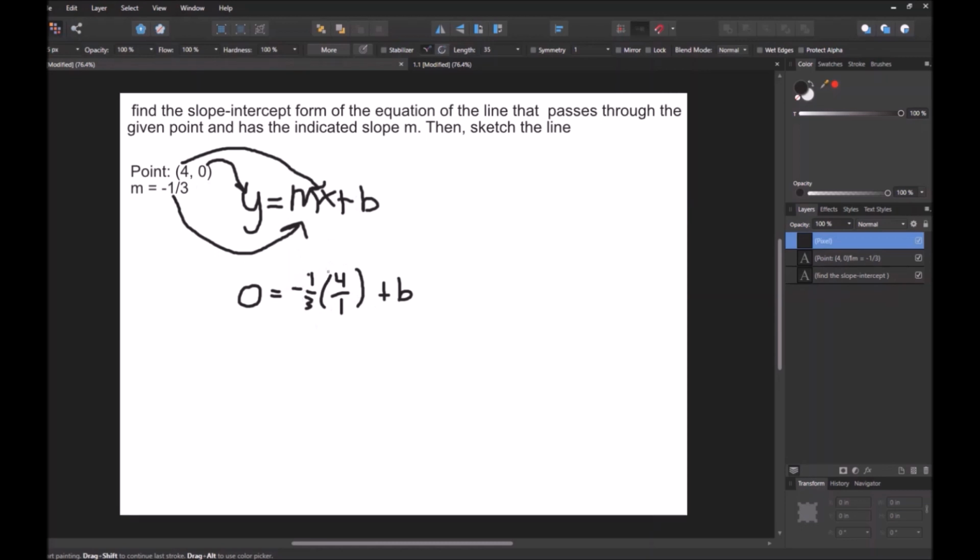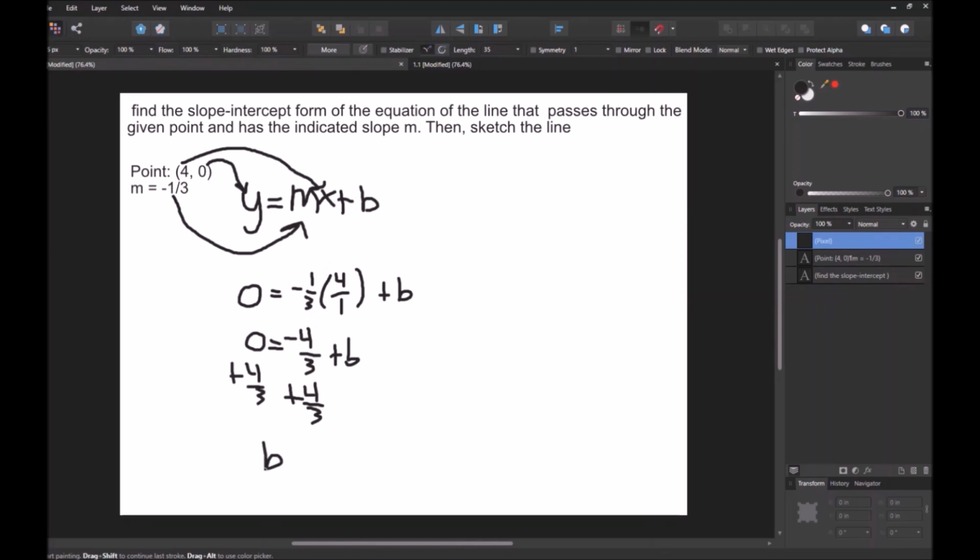So negative 1/3 times 4 is just negative 4/3. So we have 0 equals negative 4/3 plus b. And again, because we're trying to solve for b, we have to get it alone, so we're going to add 4/3 to both sides.